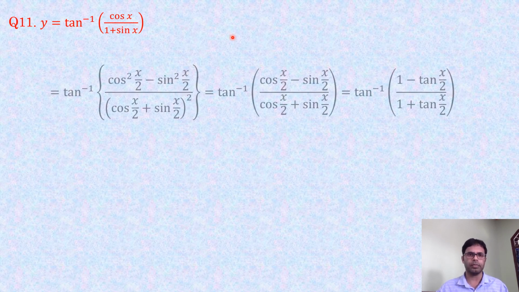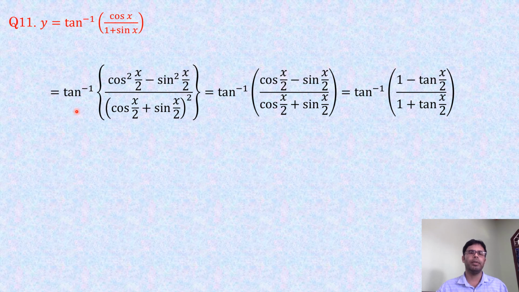As well, we have another method by simplifying this inner part of the function before differentiation, and finally we differentiate at the last part of the solution. So I am taking the second method actually.